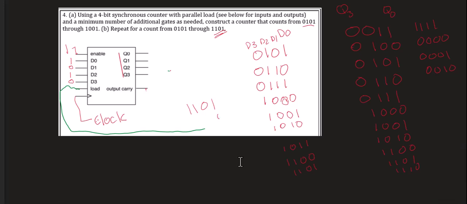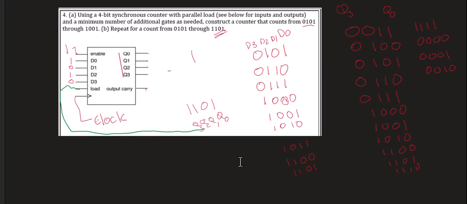So this is Q0, Q1, Q2, and Q3. So we can AND together... So you're saying put a NOT gate on Q2 or Q1? Yeah, Q1, Q2. No, Q2 is 1.